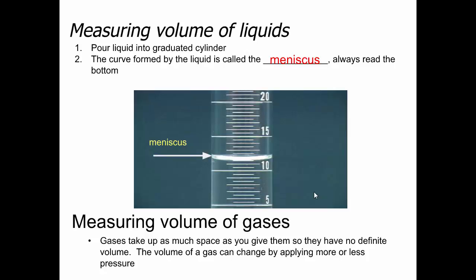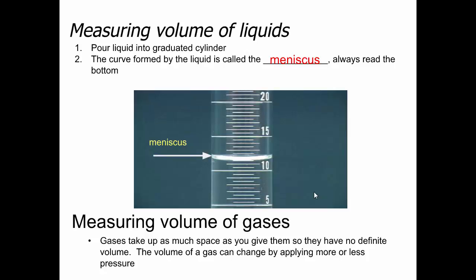If this is 5, is this 6, 7, 8, 9, 10? No, not 1, it's 0.5 milliliters. So 5, 5.5, 6, 6.5, 7, 7.5, 8, 8.5, 9, 9.5, 10. In this graduated cylinder, each line is worth half a milliliter.